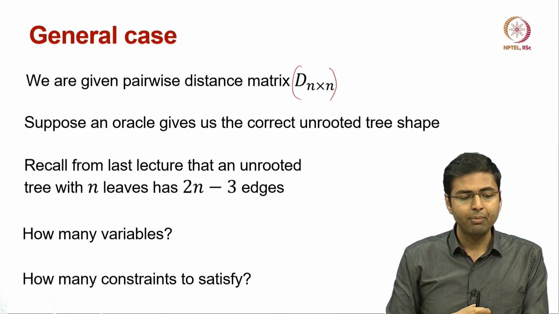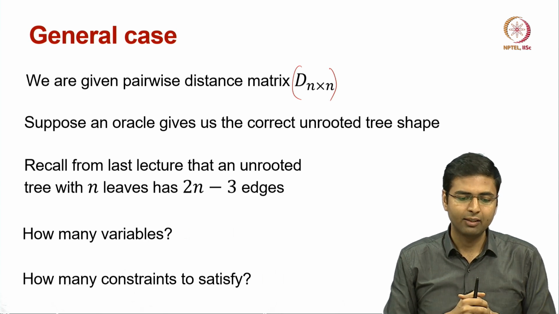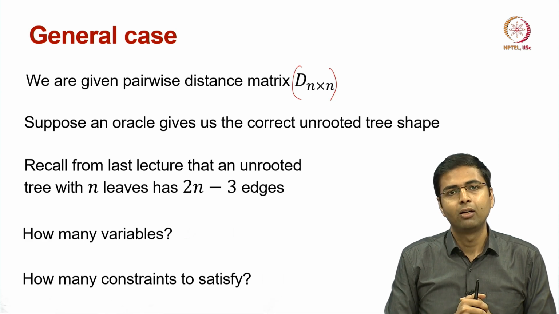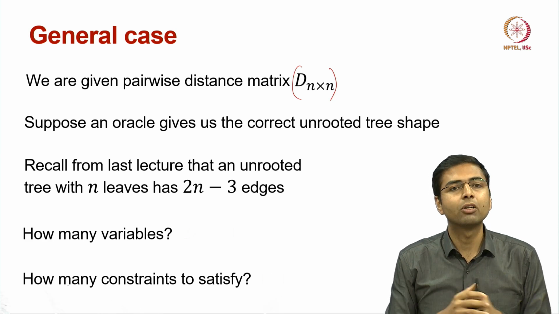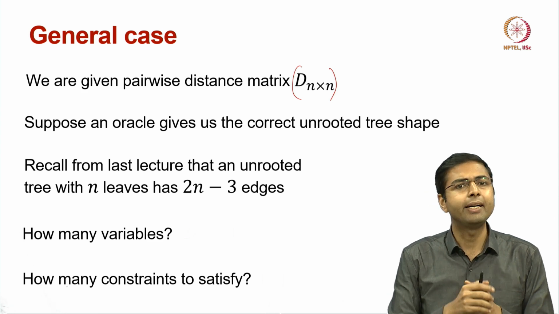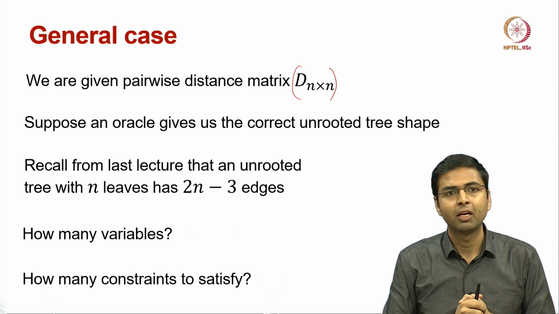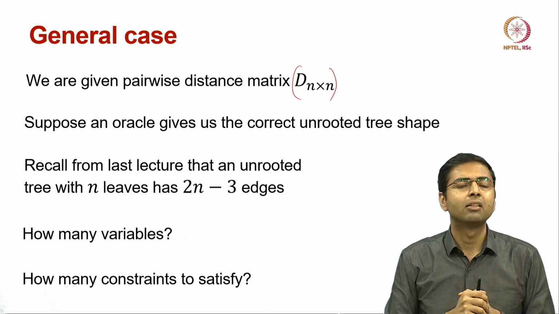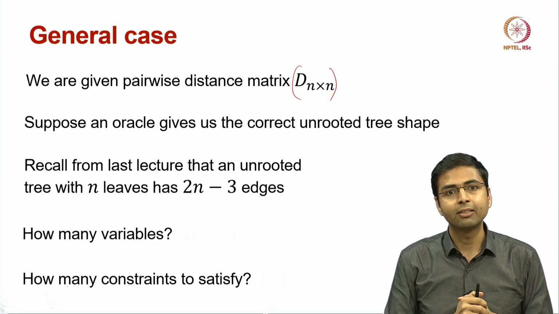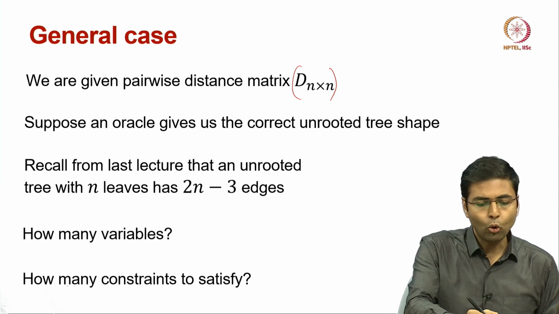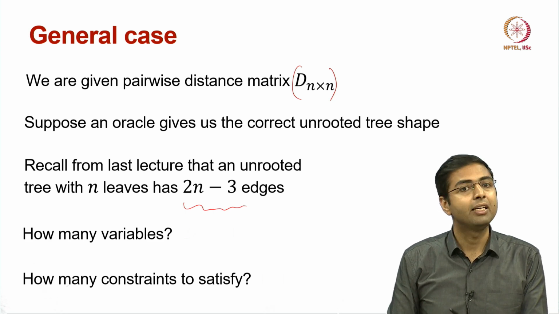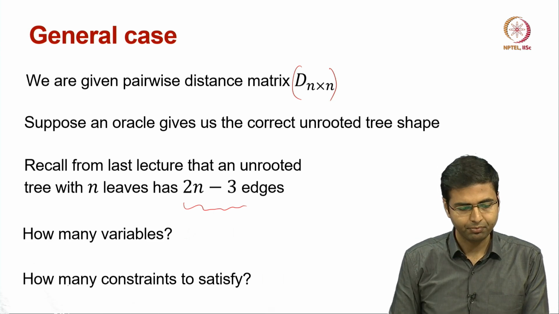Now remember, even if there is an oracle which gives us the correct tree shape, so that we don't have to worry about figuring out the correct tree shape anymore, even then, recall from the last lecture that an unrooted tree with n leaves has 2n minus 3 edges. We gave this argument in the last lecture.